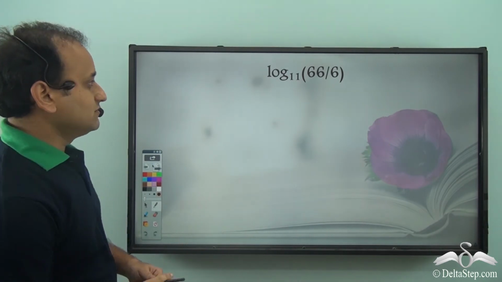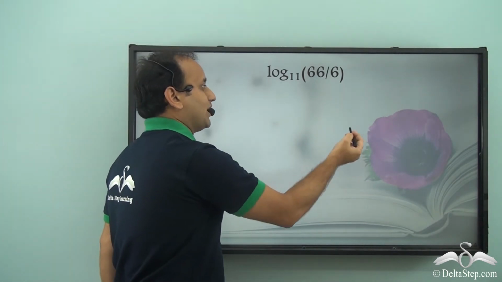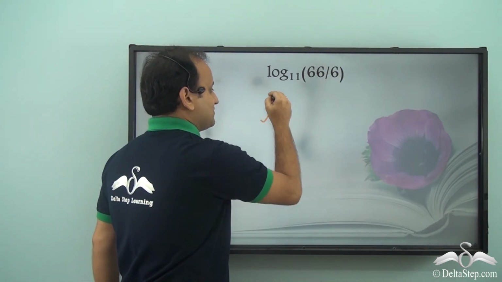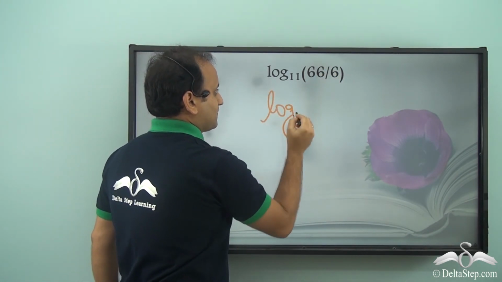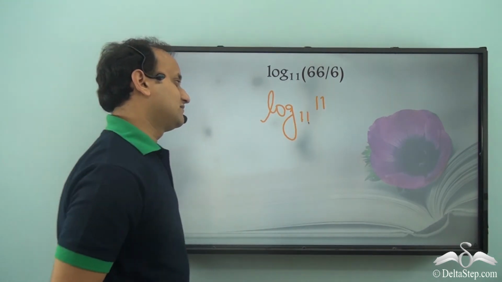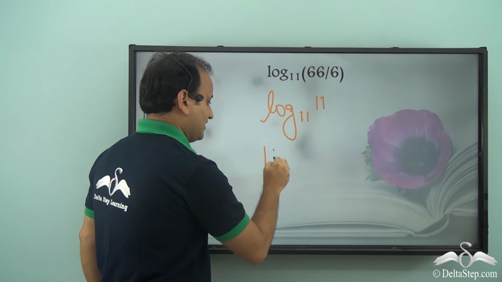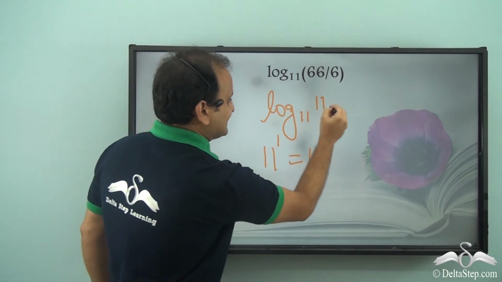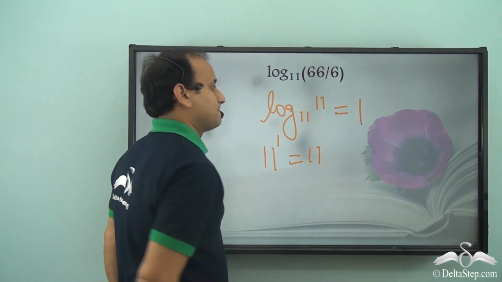What is the next question? It's again a simple one, that is 66 by 6. Now 66 by 6 is nothing but log of 11 to the base 11. Again 11 to the power of 1 will be 11. Therefore we can write this as 1.